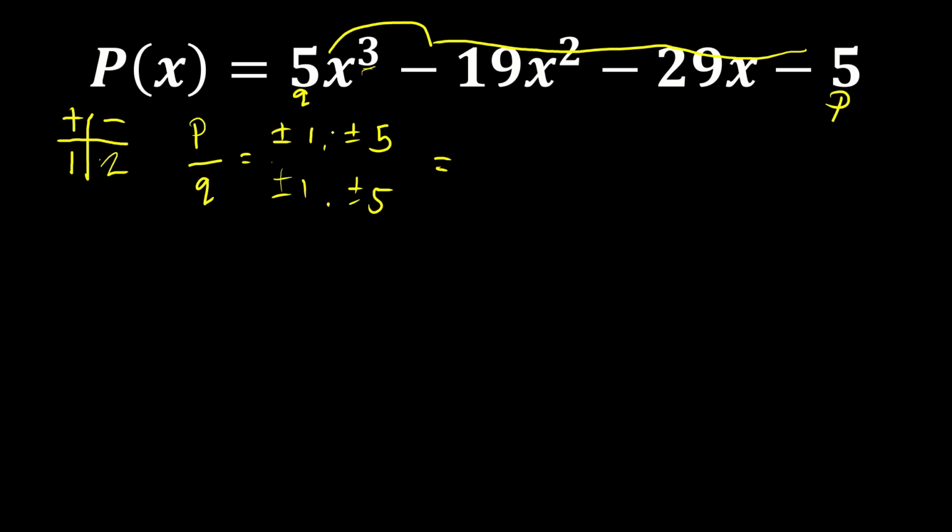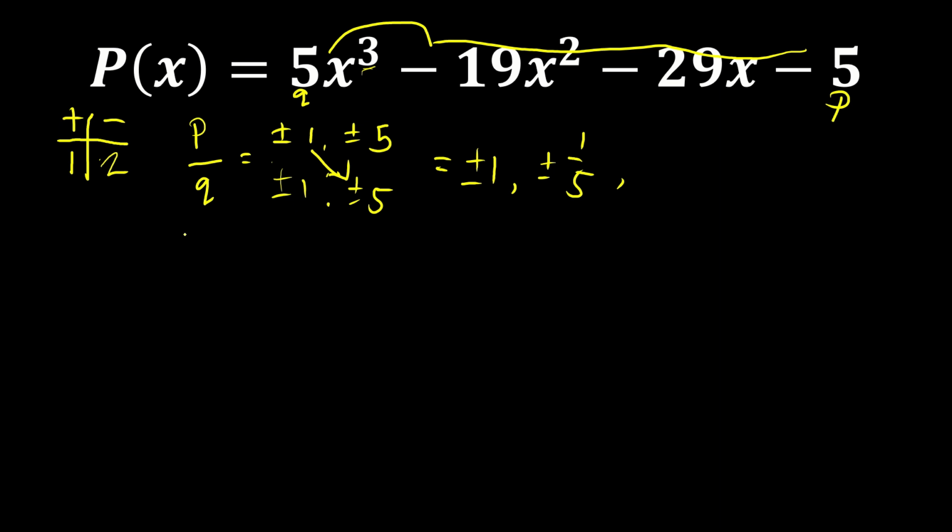Then, ang susunod, divide. Partner tayo. So, 1 divided by 1 is positive, negative 1. 1 divided by 5, positive, negative 1/5. Again, saan ang galing si positive, negative 1/5? That is 1 divided by 5. Then lastly, 5 divided by 1.